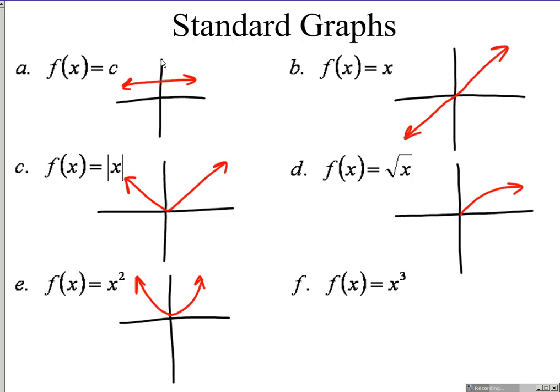And finally, a cubic function has that general shape. And what we're going to be doing today is talking about these 6 general types of functions and how, when we add things, subtract things, put coefficients on them, that is affecting the look of our overall graph.